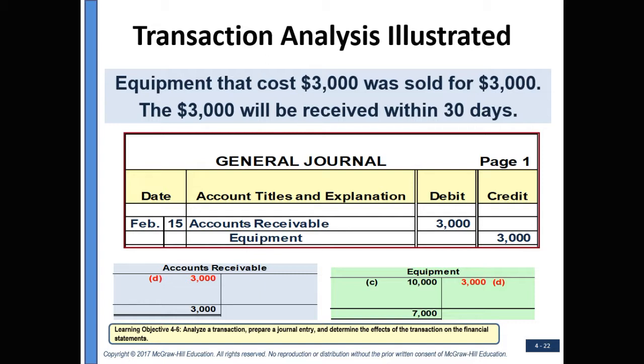And then we decrease our equipment because we sold a piece of equipment. We no longer have access to that asset, through a credit of $3,000. After completing the journal entry, we then post the effects of that to the individual ledger accounts.